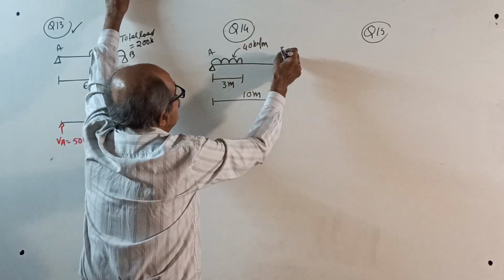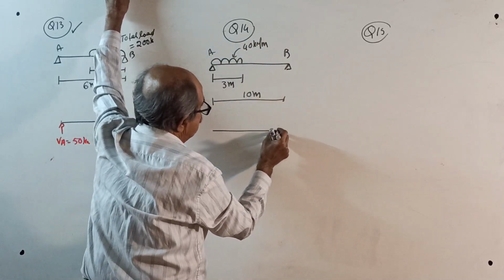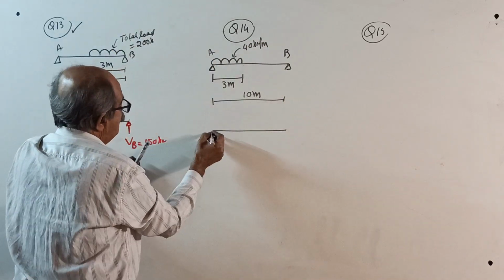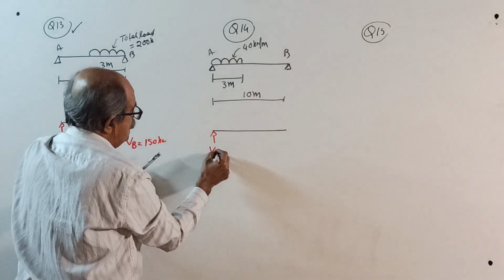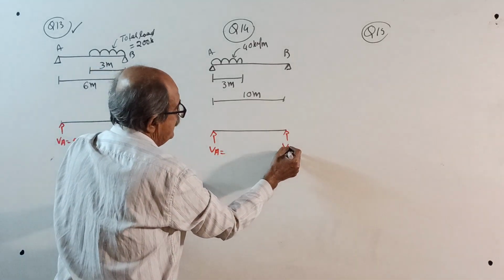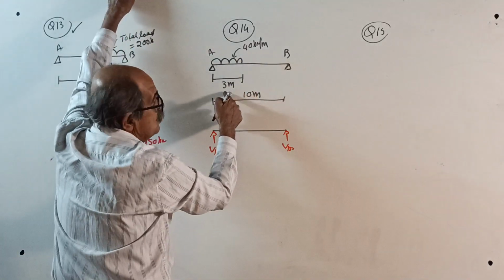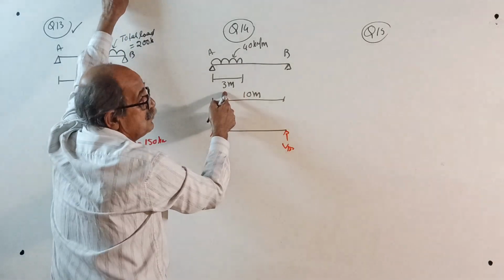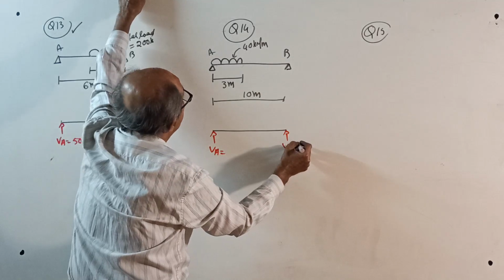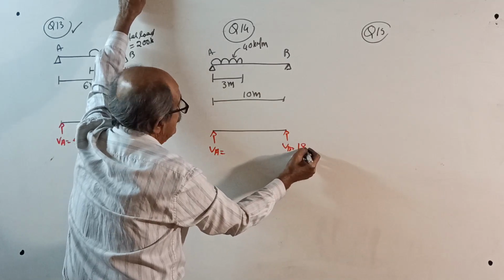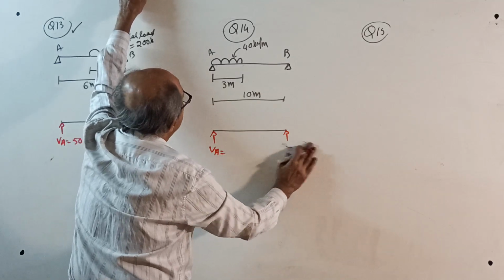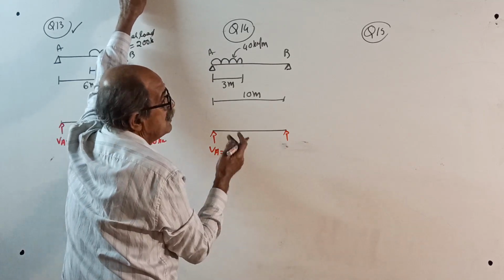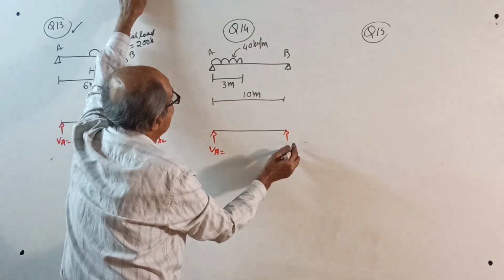AB. Answer. VA equal to VB equal to, I think I can do directly. 120 into 1.5 is 180, 18 kilonewton. Correct? Not 18. 120 into 3, 1.5 is 180. Yes, 18 kilonewton, correct.